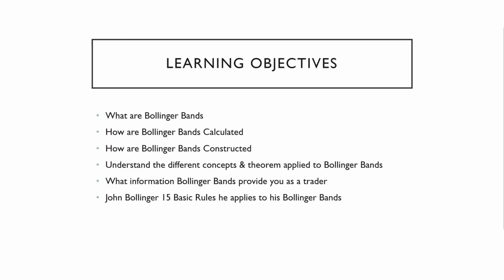Now let's go back over our learning objectives. After this PowerPoint, you should know what Bollinger Bands are, understand how they are calculated and constructed, understand the different concepts and theorems applied to them, what information they provide you as a trader, and you should know John Bollinger's 15 basic rules that he applies to his Bollinger Bands, as he is the creator of them.